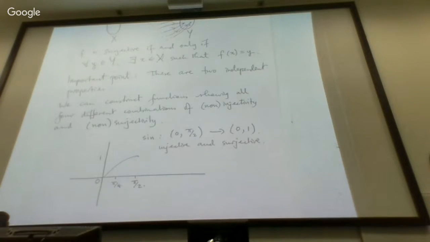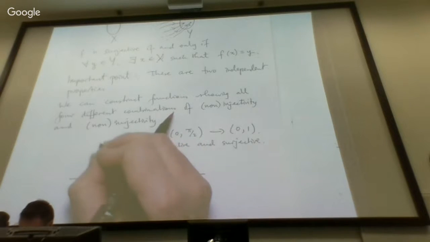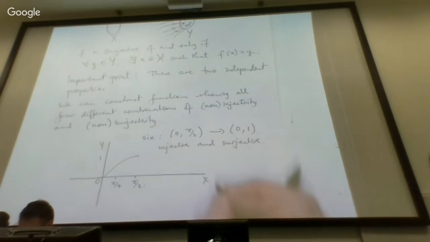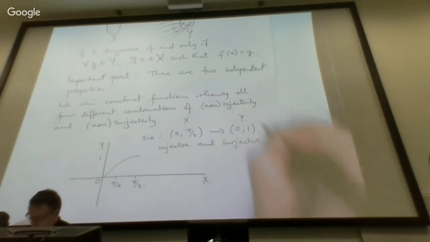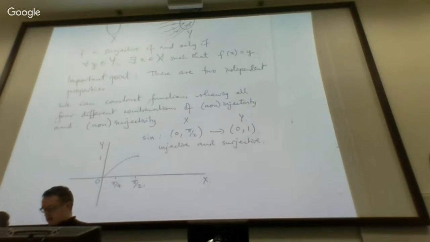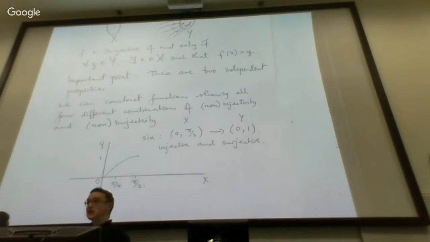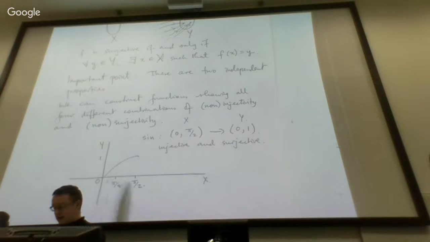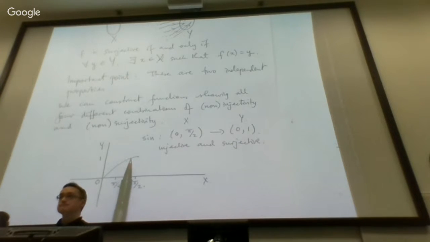Every element in the codomain occurs as a value of the function, meaning every number between 0 and 1 on the y-axis is the sine of some angle between 0 and pi over 2. That's why it's surjective. And it's injective because there isn't any case of two different angles having the same sine value.